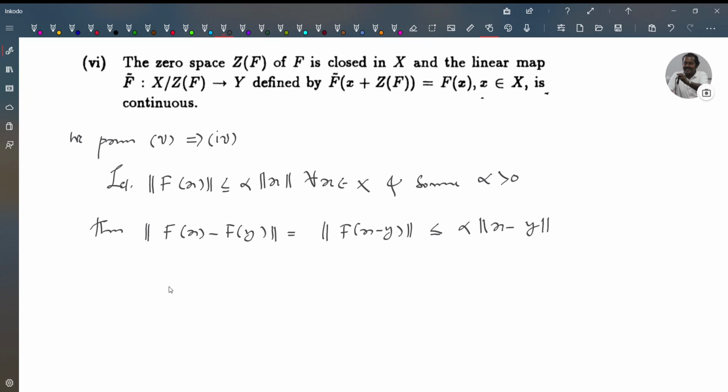So let norm of x minus y be less than delta. Choose delta to be epsilon by alpha. Then, since delta is greater than 0 and alpha is greater than 0, we have epsilon equal to delta alpha, which is greater than 0.